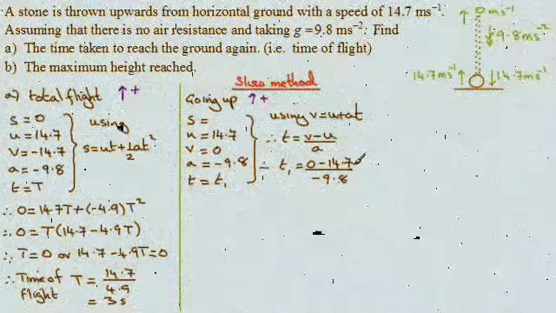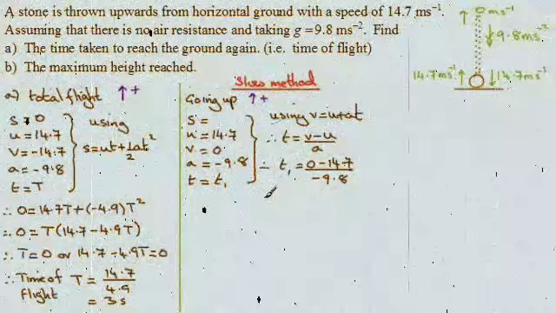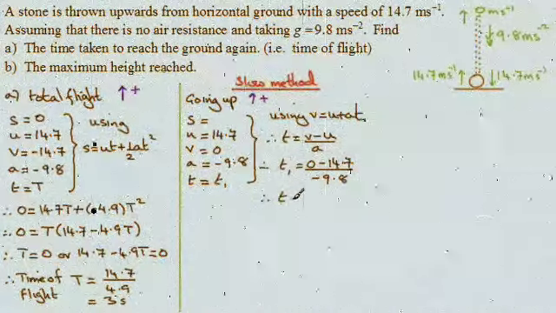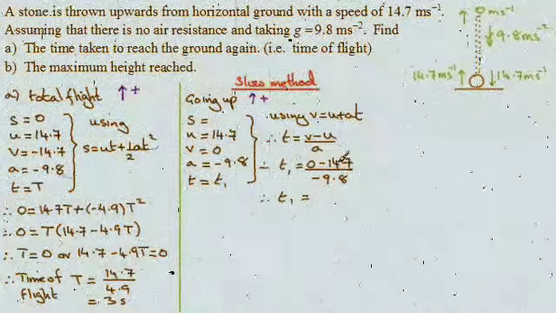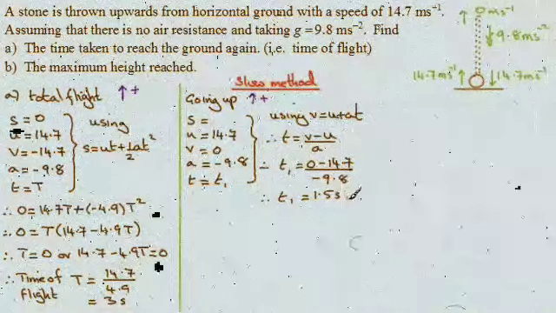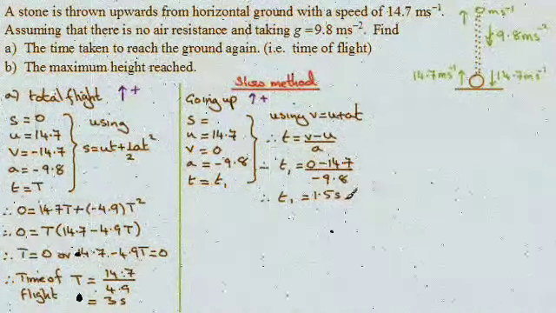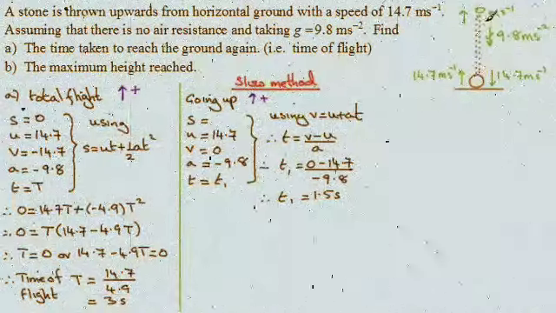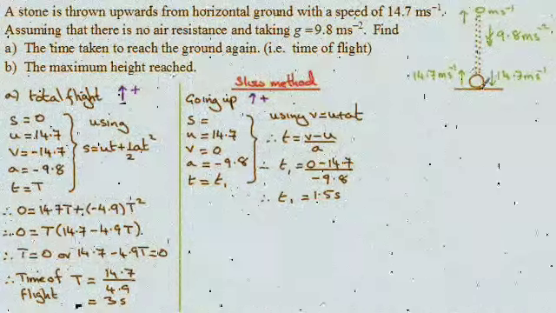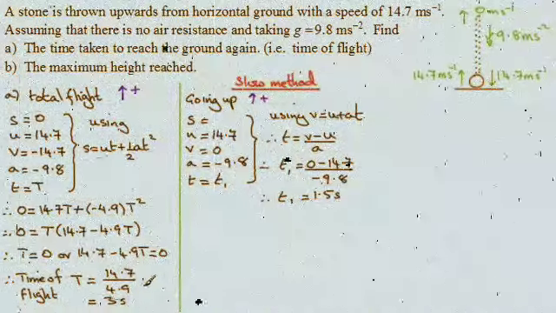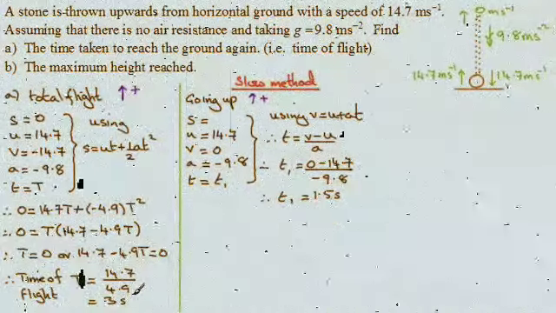So I end up with a negative value over a negative value, giving me a positive value for t1. So t1, the time to go up, turns out to be 1.5 seconds. Now, I could double this value because it's a symmetrical problem, and you'll see that I get 3 seconds if I double the 1.5, which agrees with the time of flight.